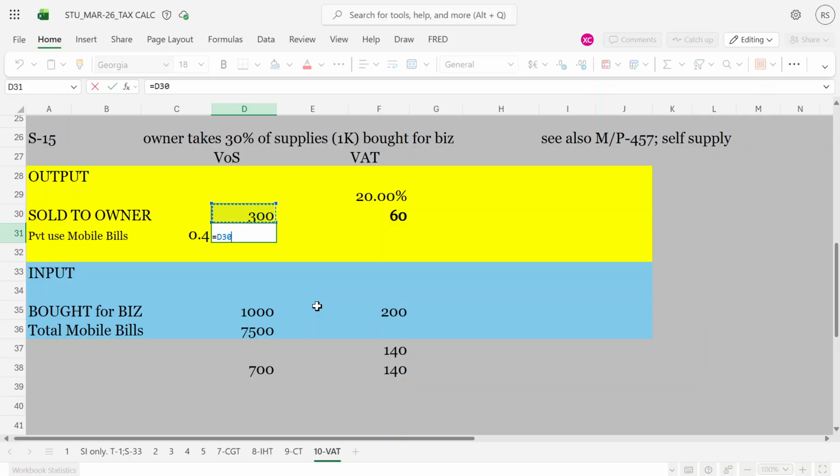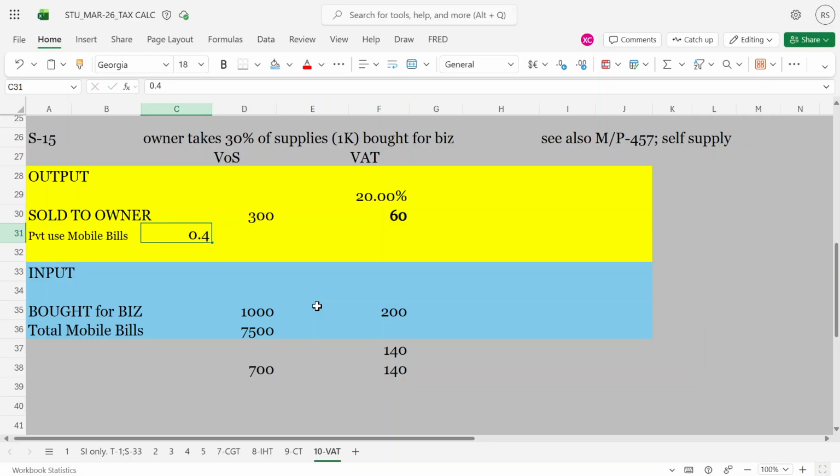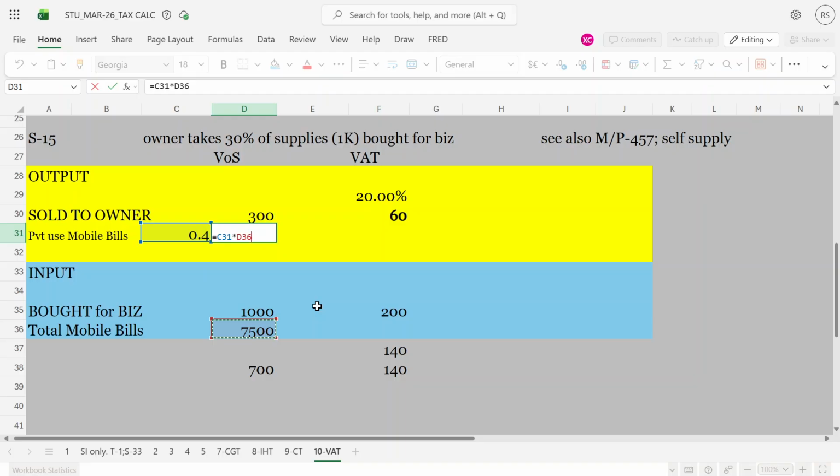So for the value of supply, we have to take 0.4 times the total mobile bill. The total mobile bills for which you have claimed input tax is 7,500 value of the supply. But you know that out of that 40% is for private use of the mobile bill service. So that's not going to be allowed. So you have to charge it back to the employees and pay it to the government, right? So that one has to be 0.4 times 7,500.